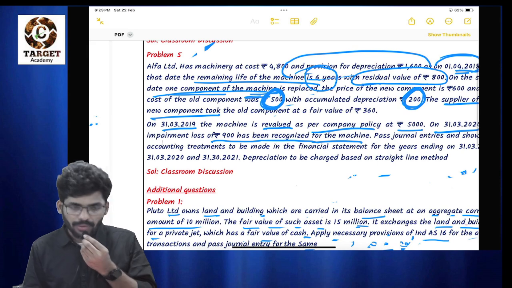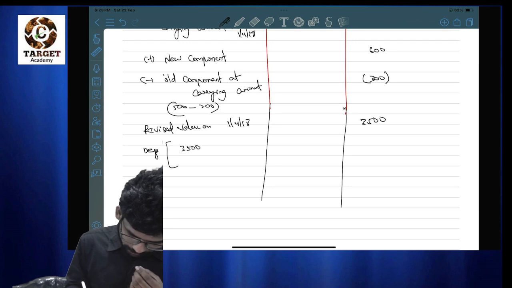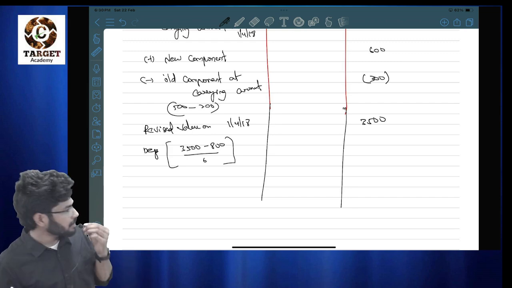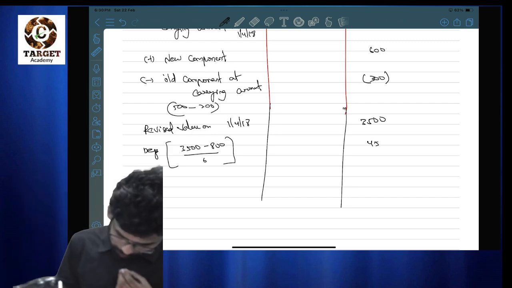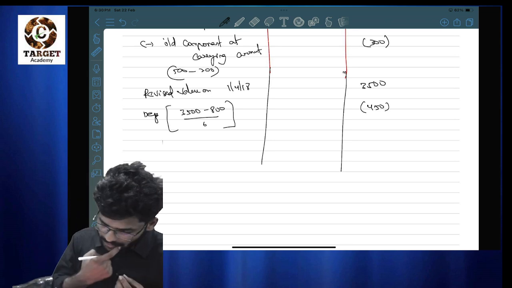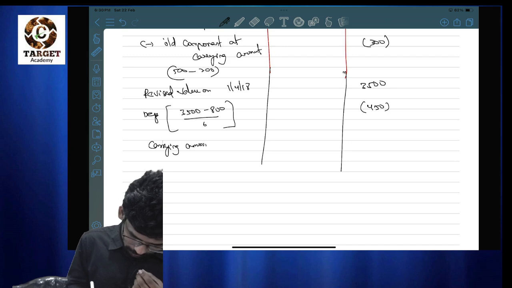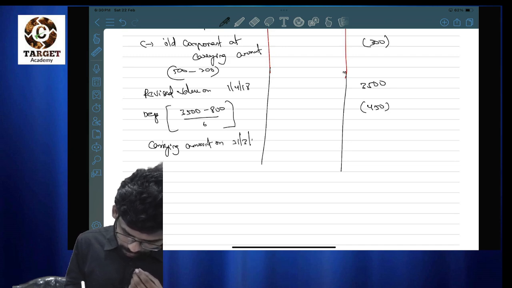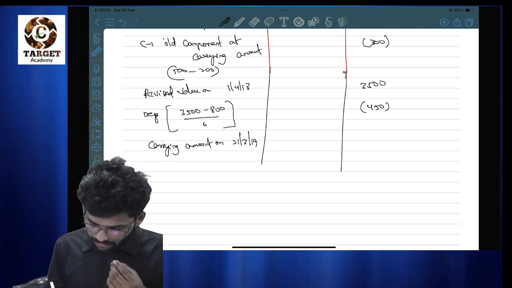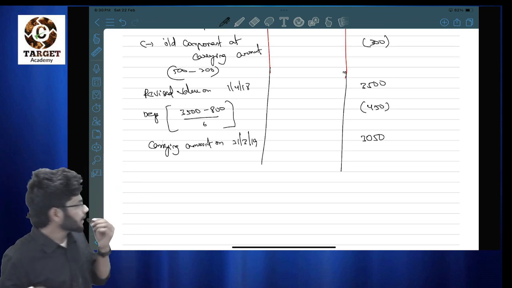What is the residual value? 800. Then what is the depreciation? 3,500 minus 800 divided by 6. How much? So take 450 depreciation. Balance, carrying amount on 31st March 2019, how much? 3,050. Correct or not? Yes.